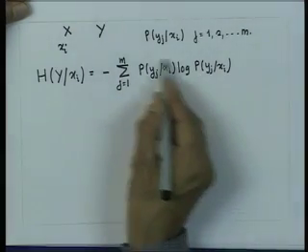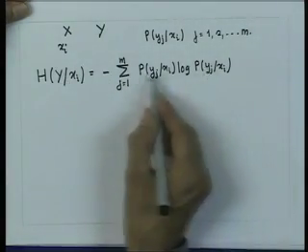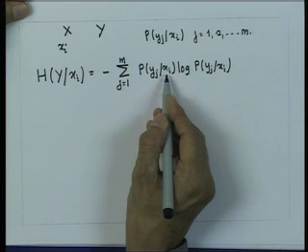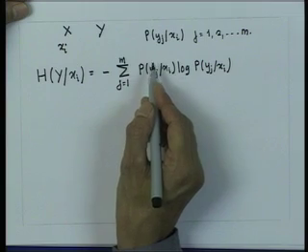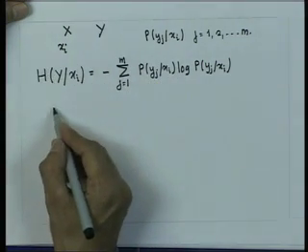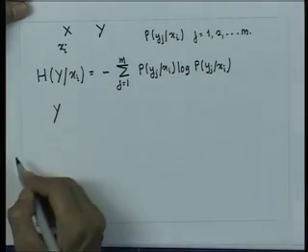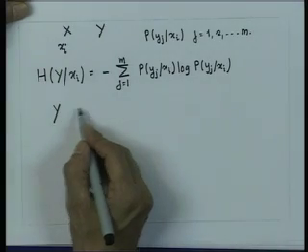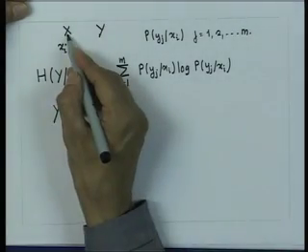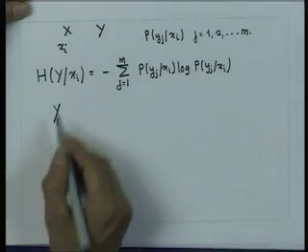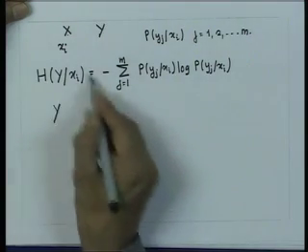Now, by averaging this quantity over all xi, what I will get is the average amount of information of y given foreknowledge of x. That is very simple. What I have to do is take the average of this quantity.